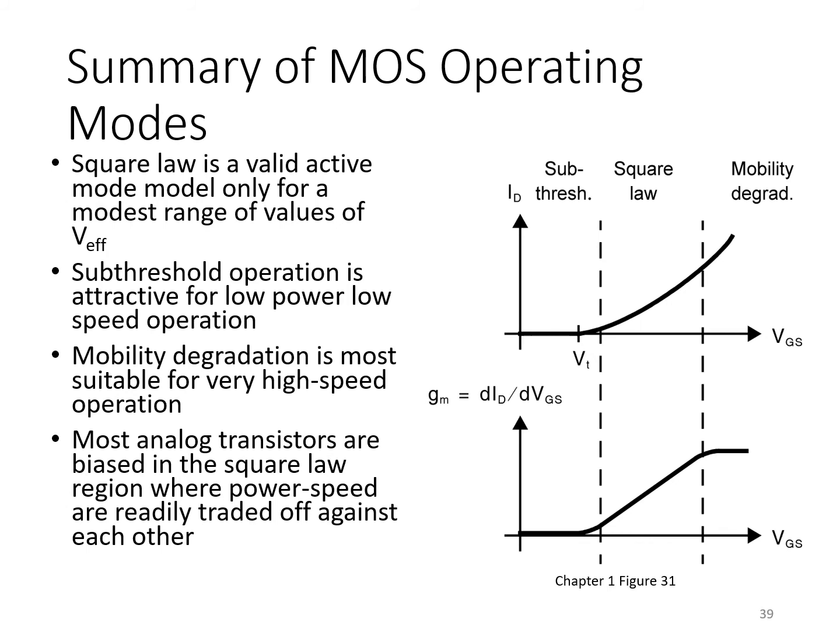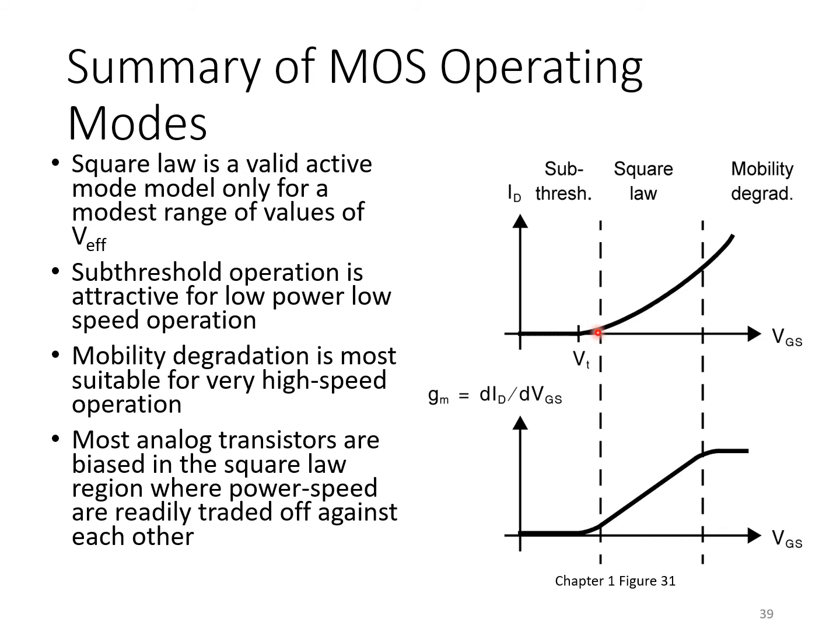So in summary, let's recap the different MOS operating modes that we talked about. We've shown that the square law that we're most familiar with is really valid only in active mode over a fairly modest range of values for V effective.